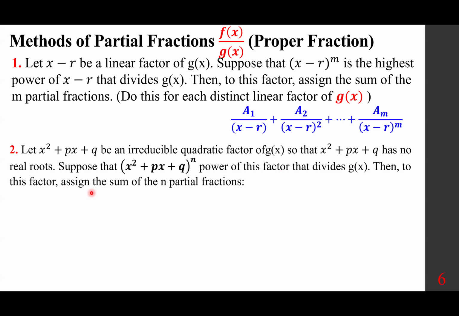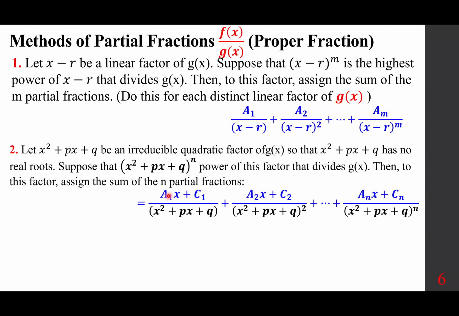And then to this factor assign the sum of n partial fractions as follows. Because this is degree 2, you put a degree 1 in the numerator: a sub 1 x plus c sub 1 over x squared plus px plus q. Then for the second degree, we put some other, a sub 2, meaning it is different than that, and all the way to n. So you repeat this process, okay?